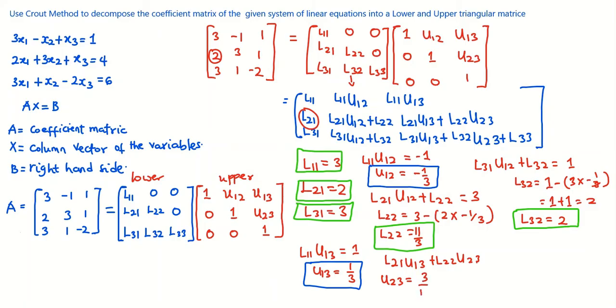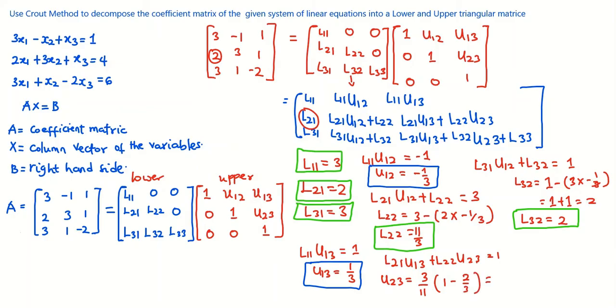We're going to have 3 over 11, multiplying this will be equal to 1, right? So that will be 1 minus L21 multiplying U13. So you know L21 to be 2, and then U13 to be 1 over 3. So you're going to get 2 over 3.